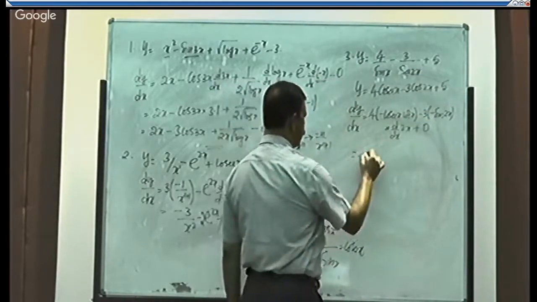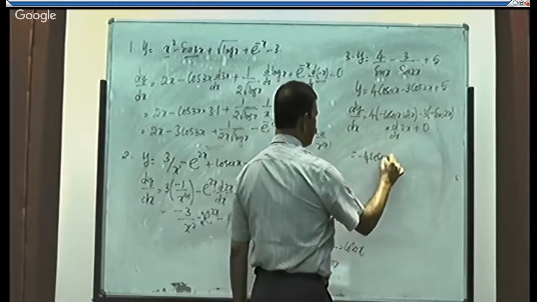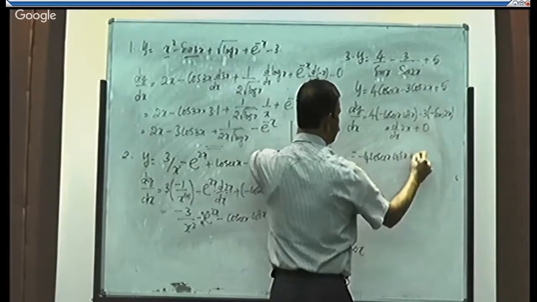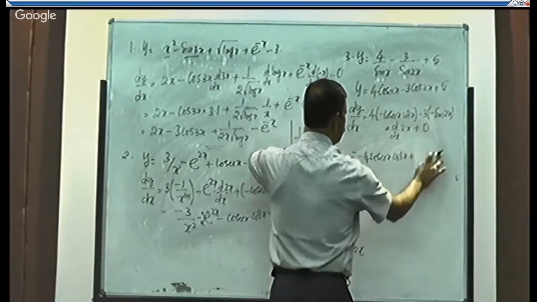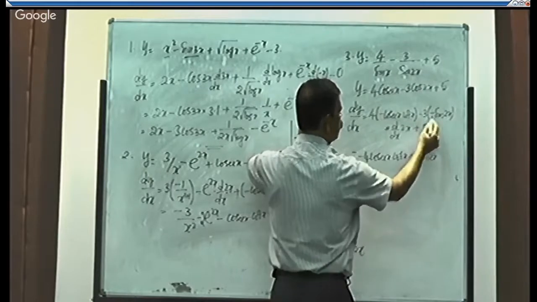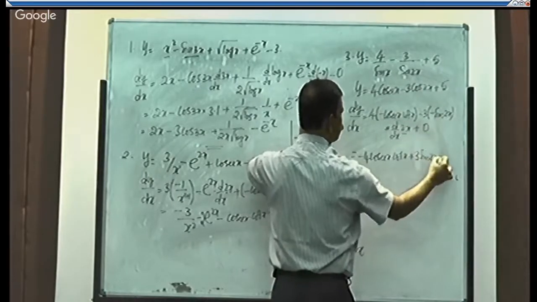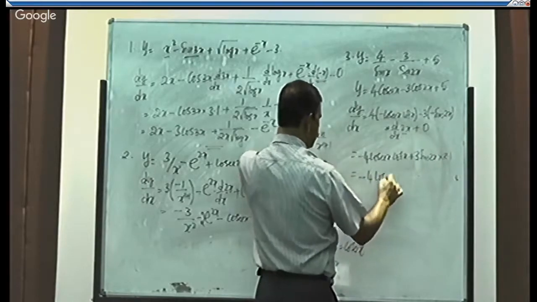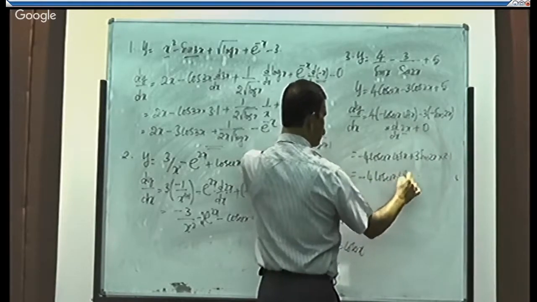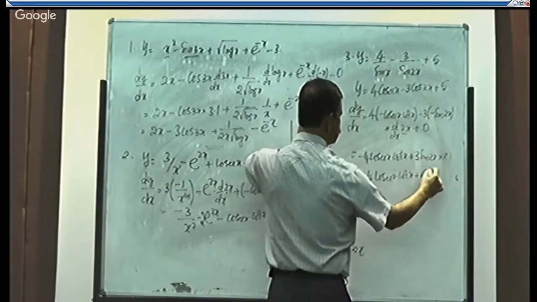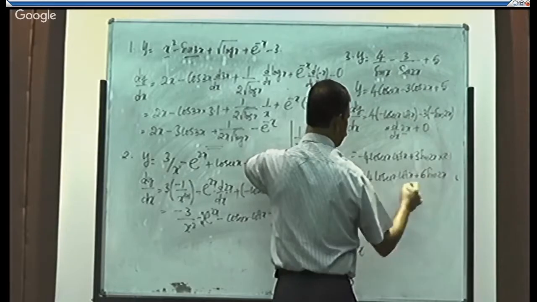It is minus 4 cosecant x into cot x plus 3 into sin 2x, into differentiation of 2x, which is 2 into 1. Finally, it is minus 4 cosecant x into cot x plus 6 sin 2x.